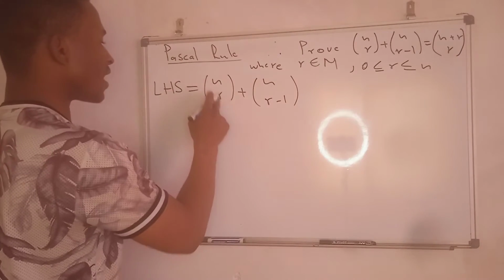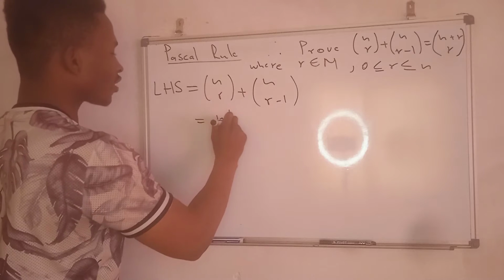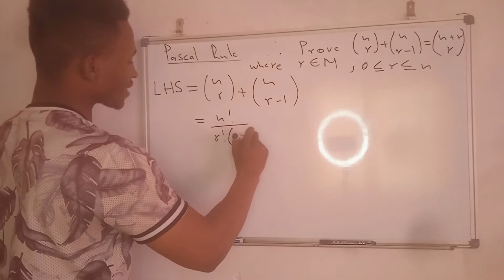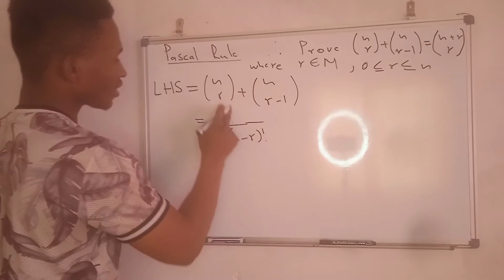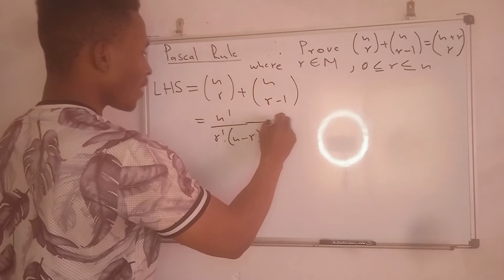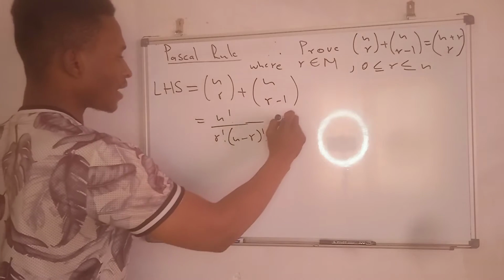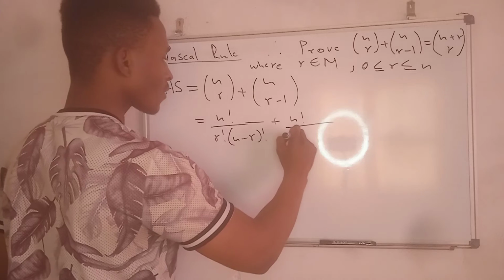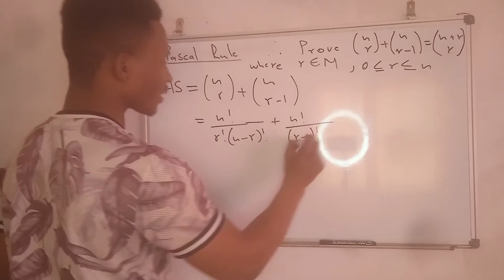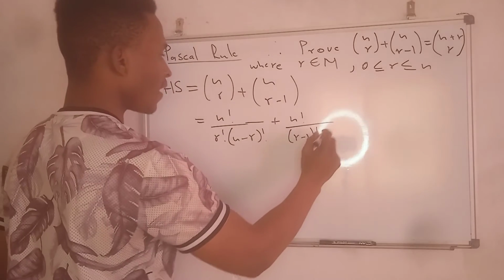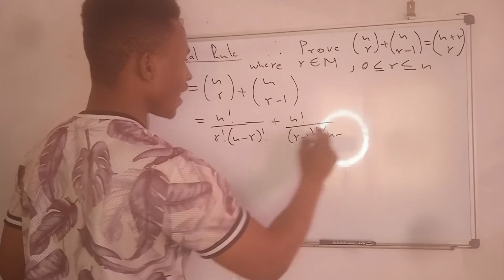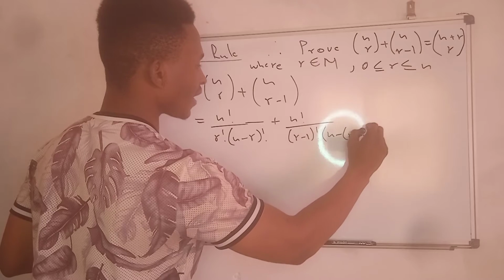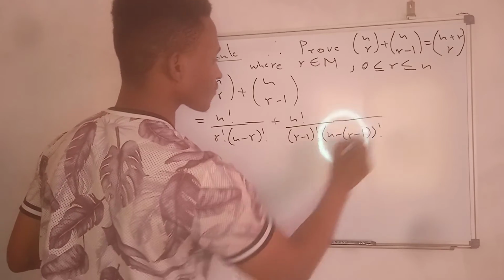So this is the same as n factorial over r factorial times n minus r factorial, this part, plus this part, which is n factorial all over r minus 1 factorial times n minus r minus 1 factorial.